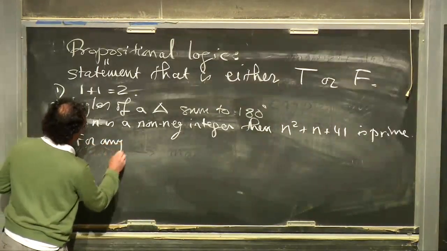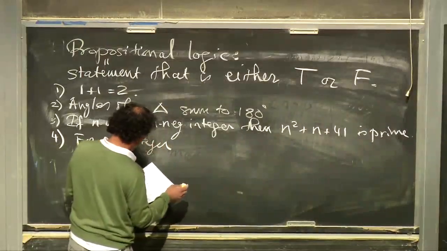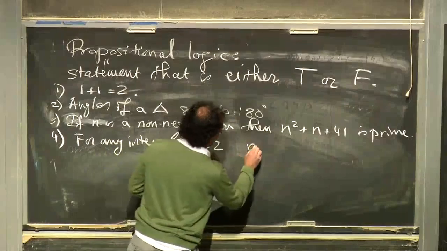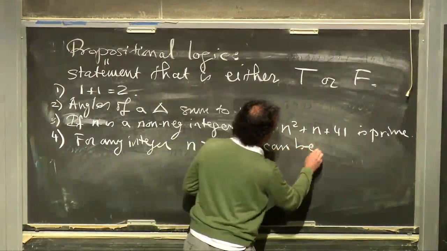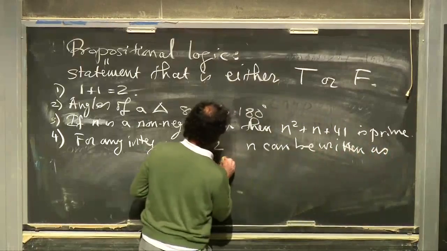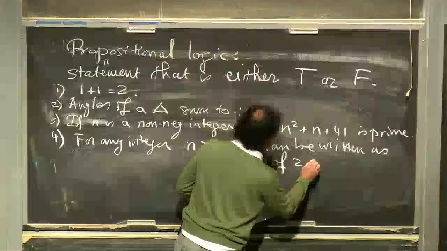For any integer n greater than 2, n can be written as a sum of two primes.